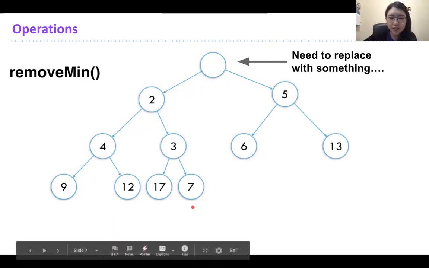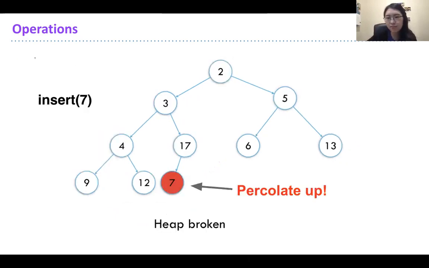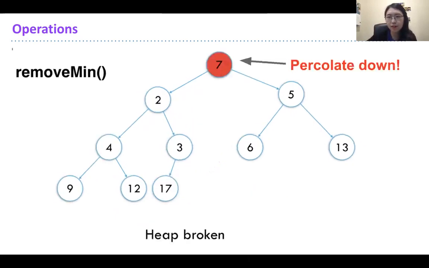But if we take the very rightmost value at the very last level and make it our temporary root, then we can simply percolate down and get it to its right place. So make sure that you call percolate up and percolate down in the appropriate scenarios.